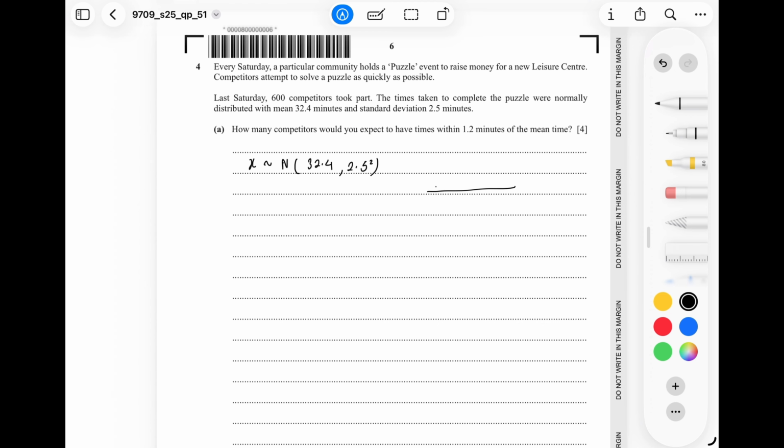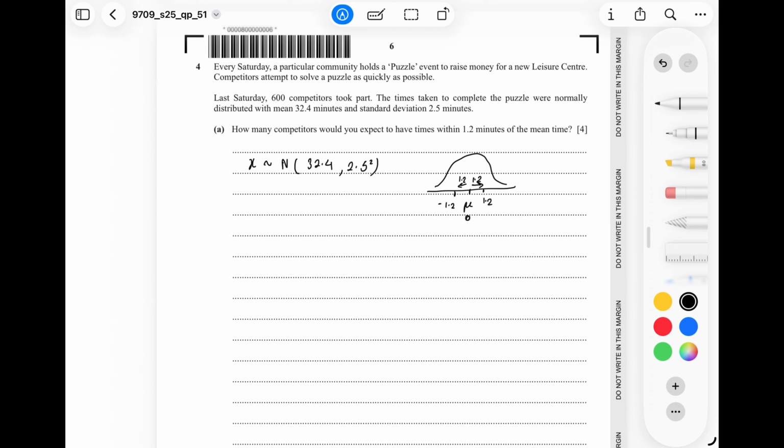So let's do like a quick drawing of it. So this is like the mean time, and they said within 1.2. So to the right we have 1.2, to the left we have 1.2. So this is like 1.2 over here, and since we're going to the left, it's like crossing 0, so this would be like minus 1.2 because mean is 0.